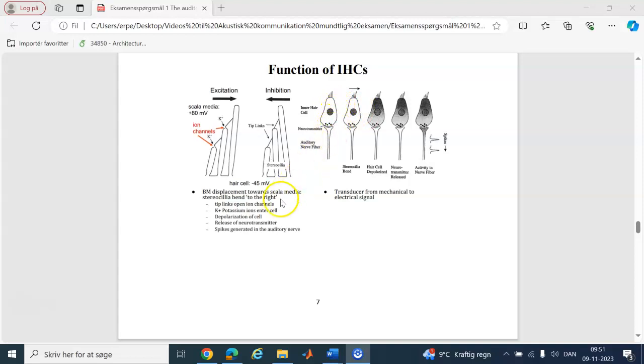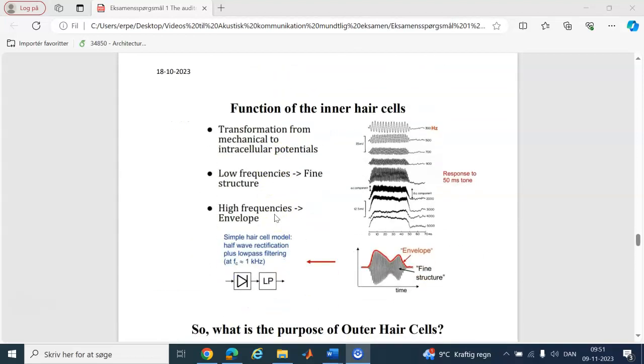That means a so-called depolarization of the cell, and this will release those neurotransmitters, and then spikes are generated in the nerve cells, the auditory nerve. That is the function of the inner hair cells: the transformation from mechanical to intracellular potentials.